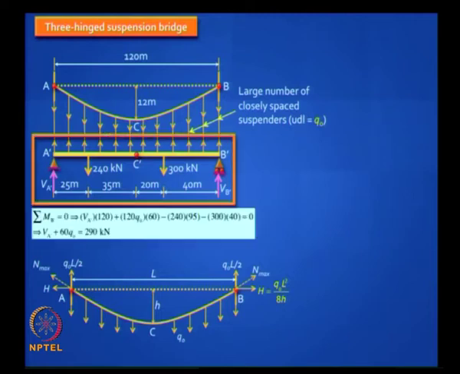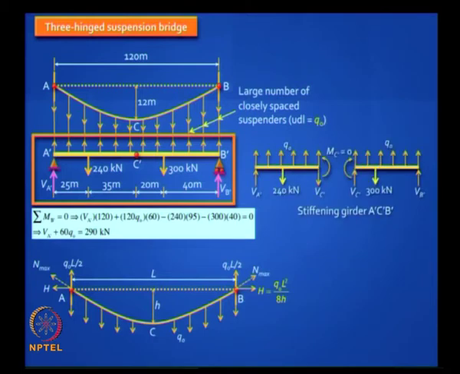So how do you solve for Q naught? Well, if you take a free body of that stiffening girder and you analyze it, you take moments about one of the ends, you can find a relationship between the vertical reaction and Q naught.